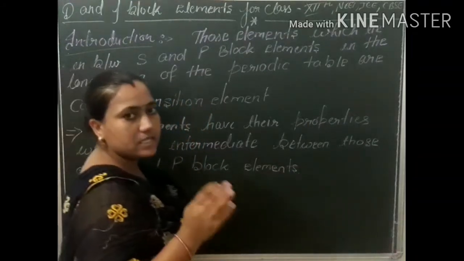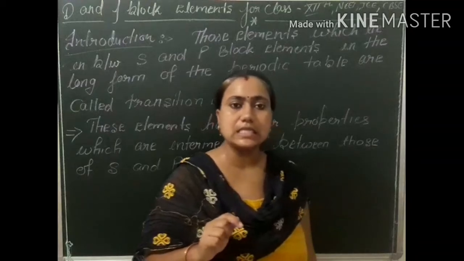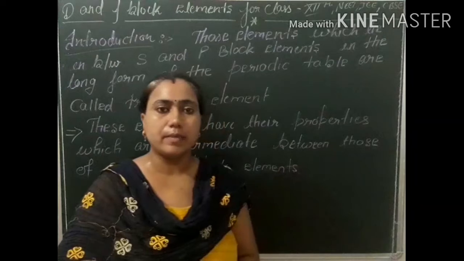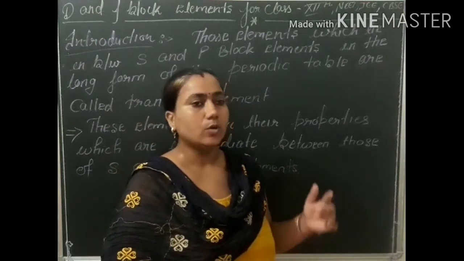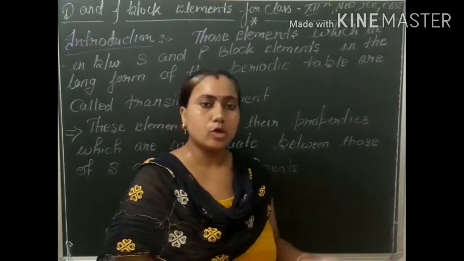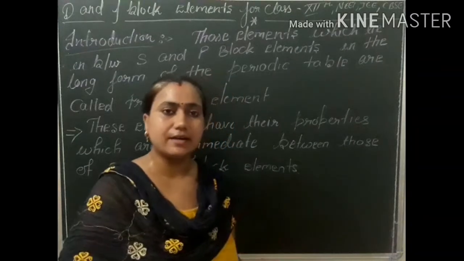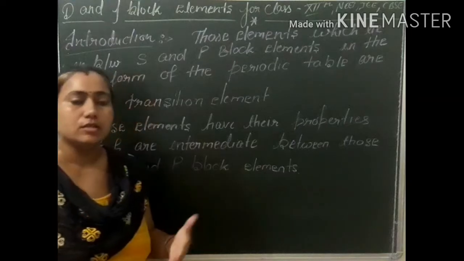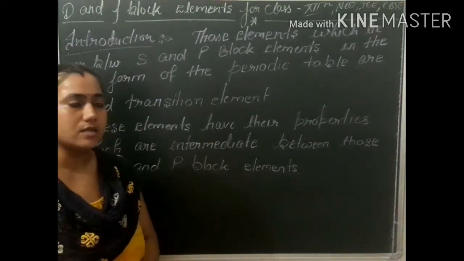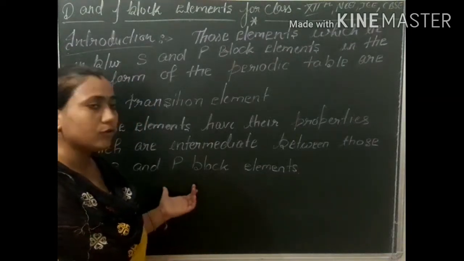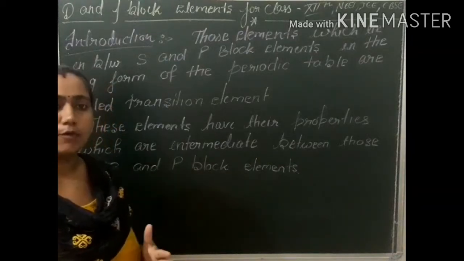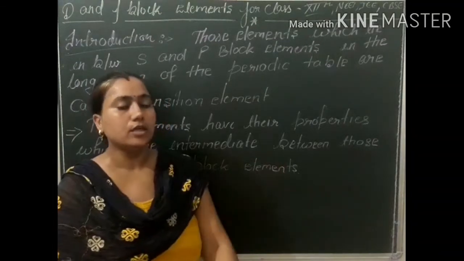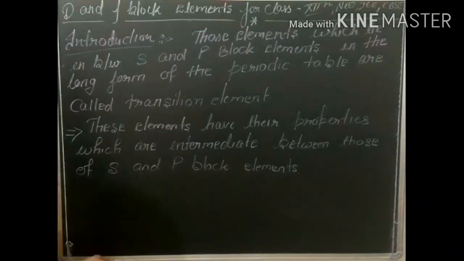Now we know that S block elements are mostly metals, and in P block elements there are some metals and non-metals. Metals are malleable, non-metals are not malleable; metals are ductile, non-metals are not ductile. We have also discussed this in first chapters and in 10th class. So the properties of the D block elements are intermediate between the S block and P block elements.